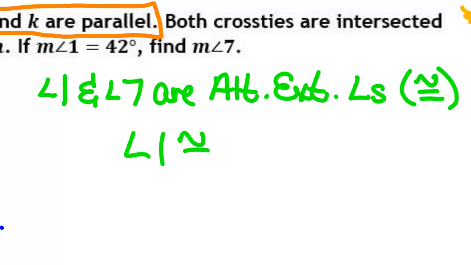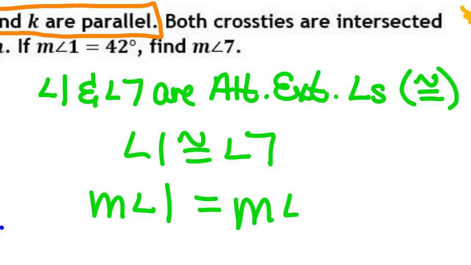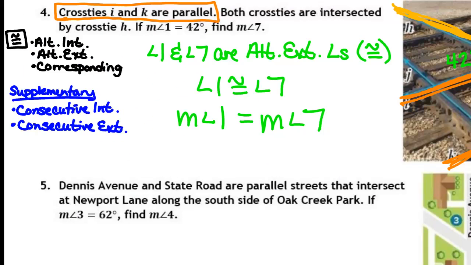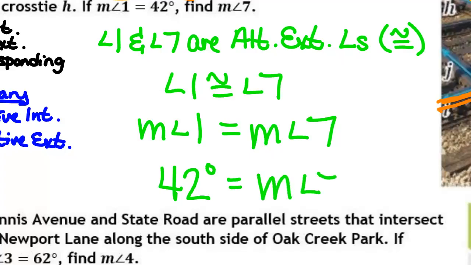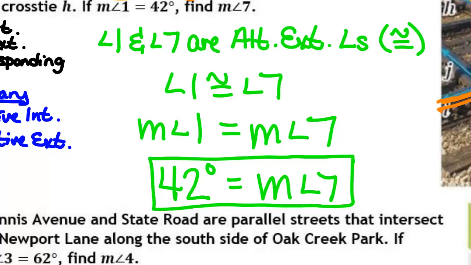Angle 1 is congruent to angle 7, so the measure of angle 1 is equal to the measure of angle 7. I jumped ahead of myself real quick. We know they're congruent. That means their measurements are the same. So how big is angle 7? 42 degrees. Angle 7 is 42 degrees.